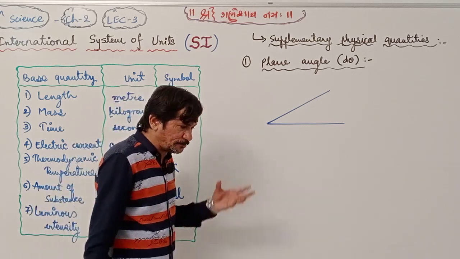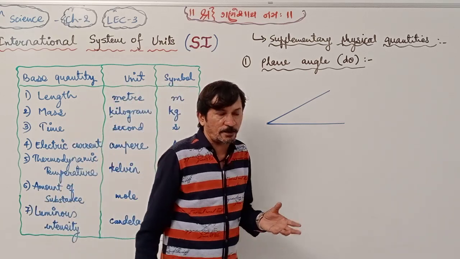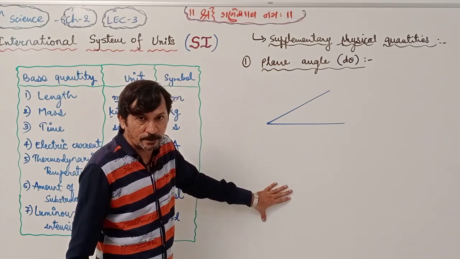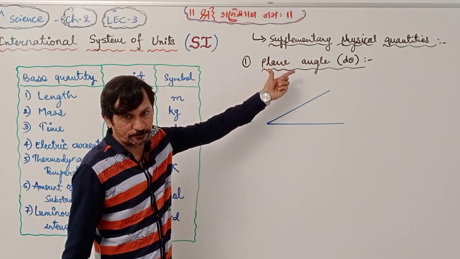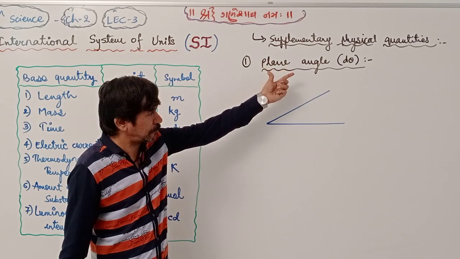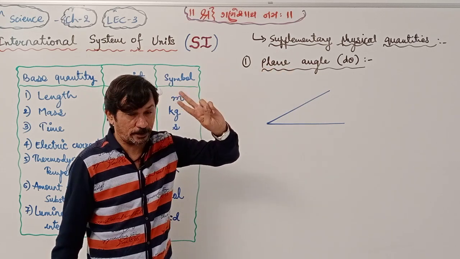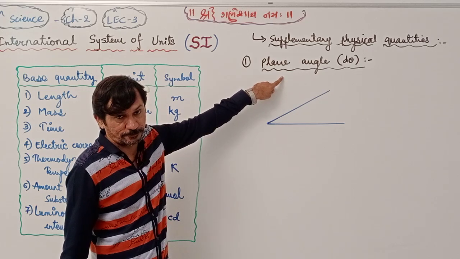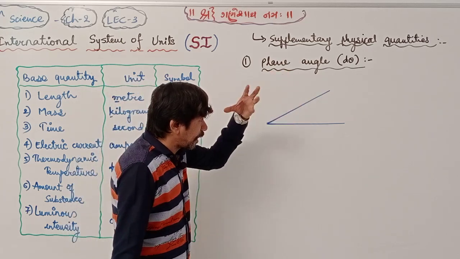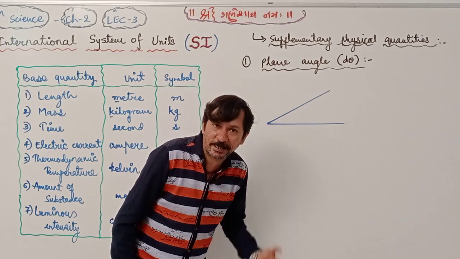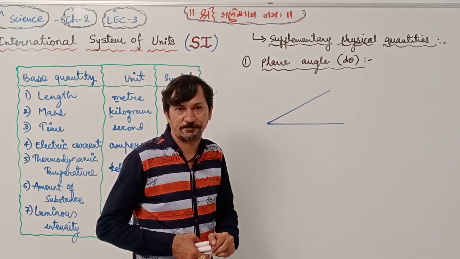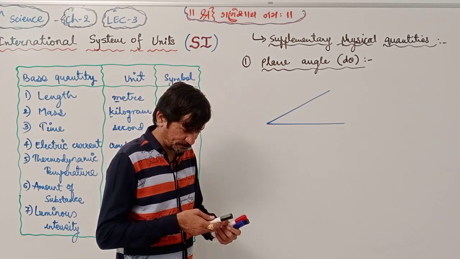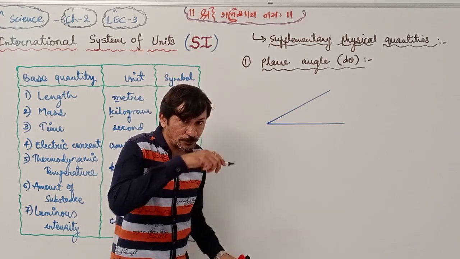The angle which can be drawn, which can be understood on a plane is called plane angle, or two-dimensional angle is called a plane angle. How can this angle be defined? For the definition, I would like to give you a technique.